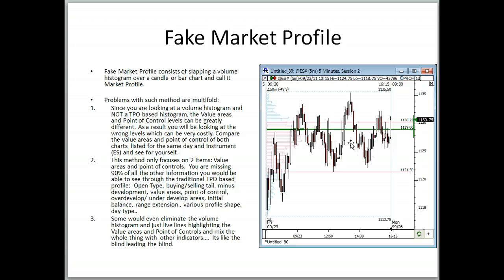On top of everything else, I only have three pieces of information, as I mentioned: value high, value low, point of control. I am missing the open type, I am missing buying tail, selling tail, I am missing minus development areas, I am missing underdeveloped, overdeveloped area, I am missing the shape that the profile is taking, I am missing the areas that would be in need of being filled further with TPOs.